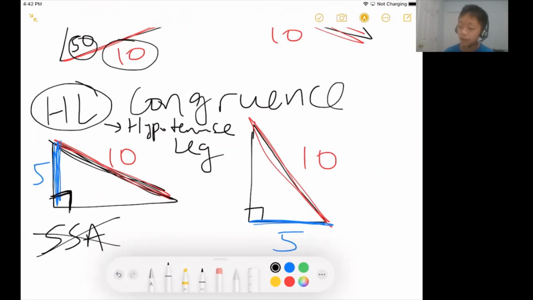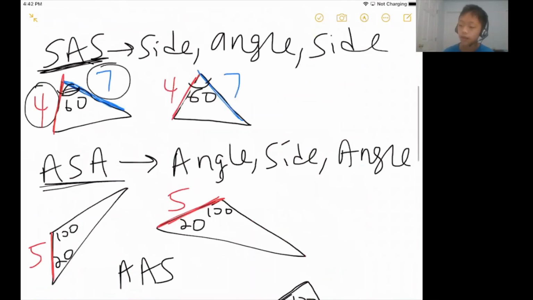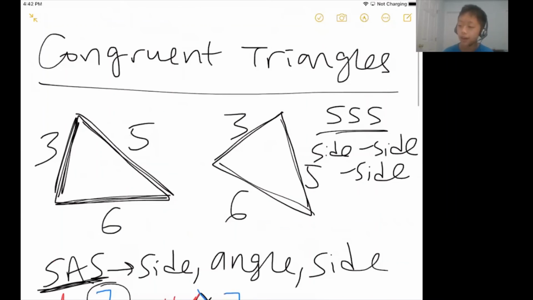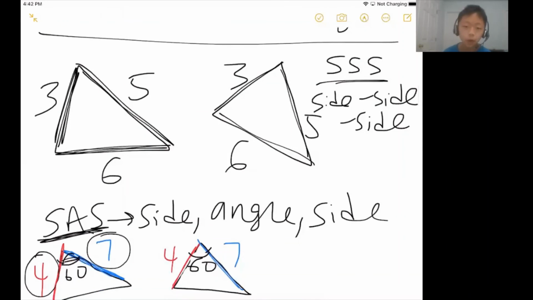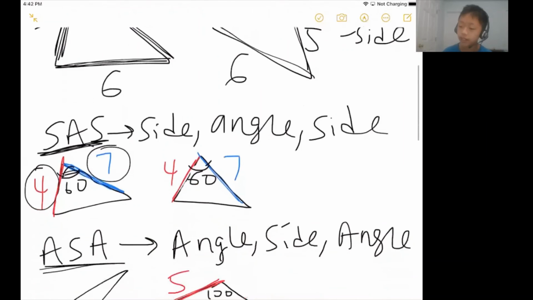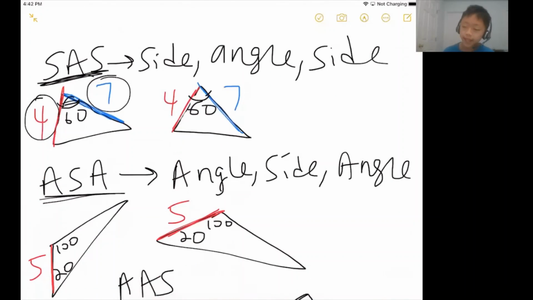Yeah, so those are the four main ways you can use to determine whether or not two triangles are congruent. Just to summarize, the first way was SSS congruence. If you know all three sides of the triangles are the same, then the two triangles are congruent. You also have SAS congruence.